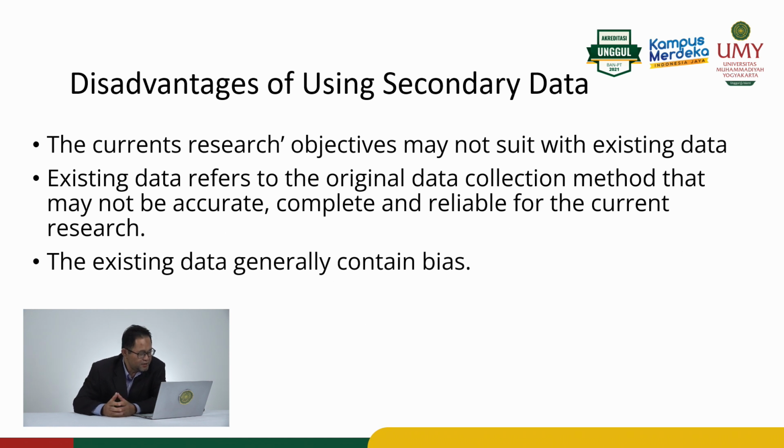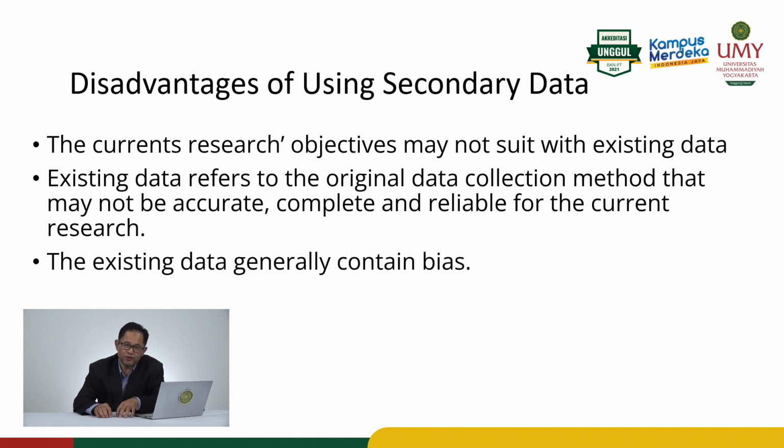The second, the existing data refers to the original data collection method that may not be accurate, complete, and reliable for the current research. The data was taken at a previous time, maybe 1 year ago or 2 years ago, and the condition then is different from the current condition.